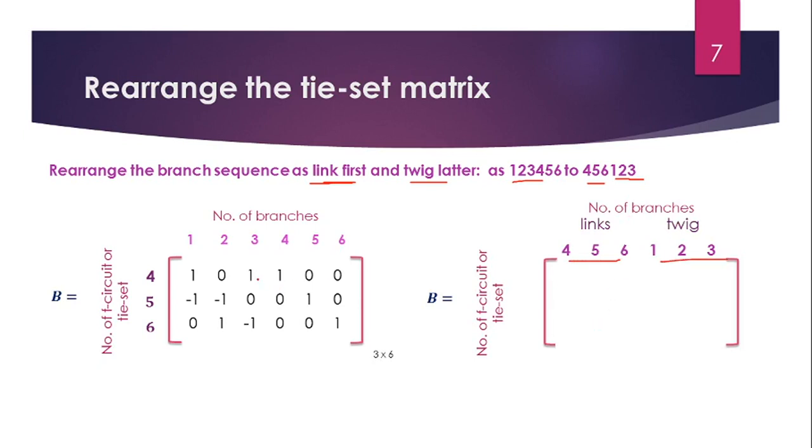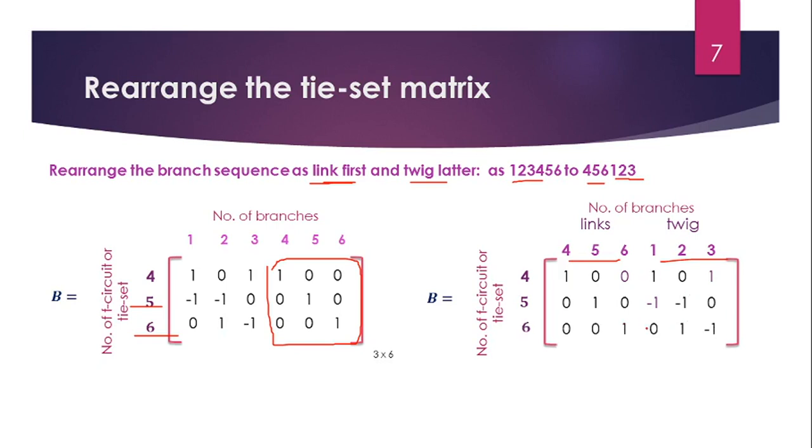The elements we keep as they are: 1, 0, 0, 1, 0, 1. 4, 5, 6 we have written first. Then 0, 1, 0 for this one, tie-set 5 minus 1, 1, 0, and here for tie-set 6 it is 0, 0, 1 and 0, 1, minus 1, 4, 5, 6.